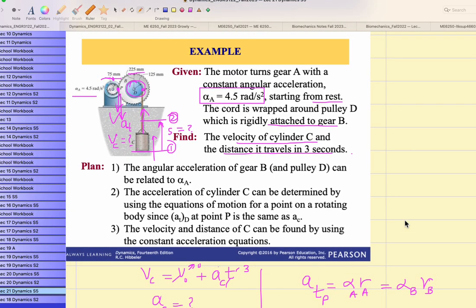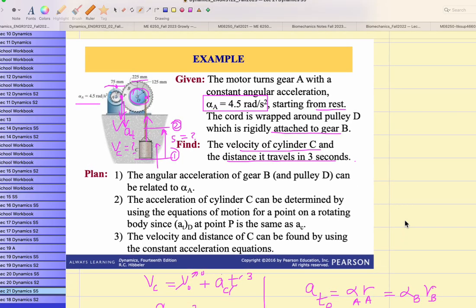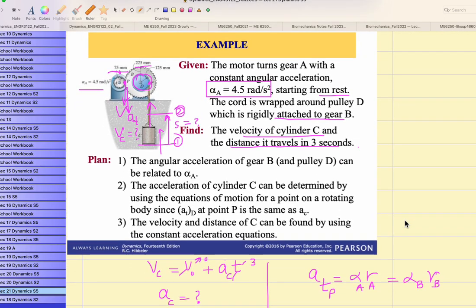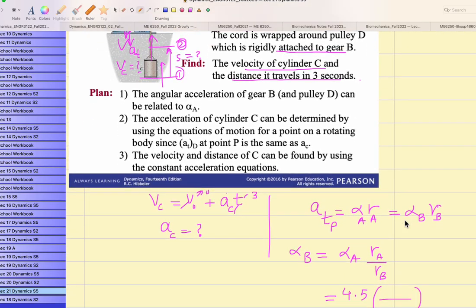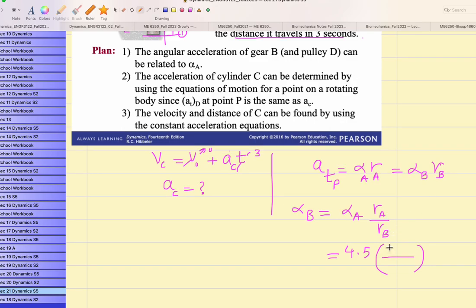I'm not going to change millimeters to meters here, because they cancel in numerator and denominator. R_A is 75, R_B is 225. So if you do the math, 4.5 times 75 divided by 225 gives the angular acceleration of gear B, in radians per second squared.